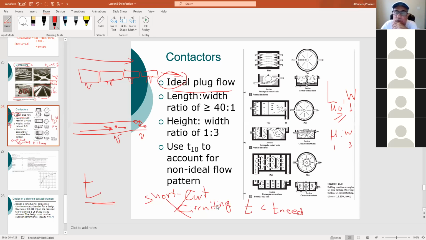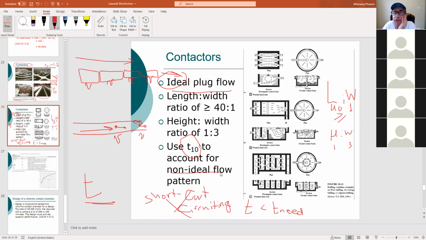Now, to be able to account for short-circuiting, they came up with a concept that they call T10. See T10 here? This is time, the actual time, if you wish. This is the actual or effective contact time, because the flow in your basin contactor is not ideal plug flow.